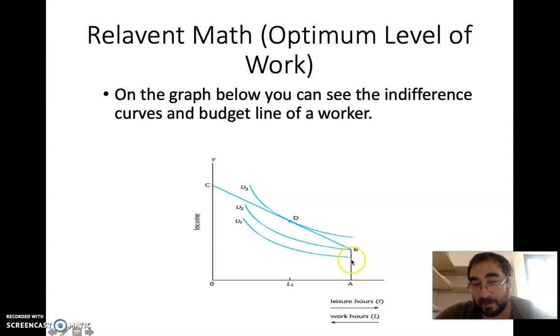At zero working time, you might have a certain level of income, and the optimum working time is the time at which our budget line is tangent to an indifference curve.